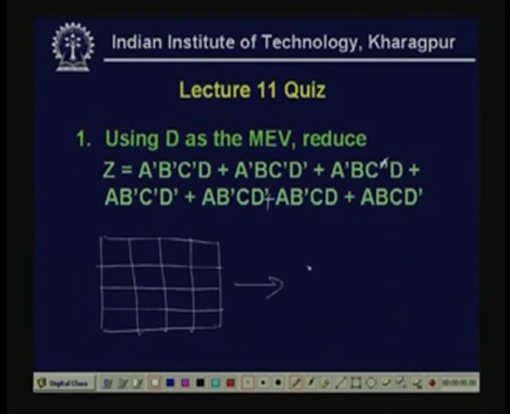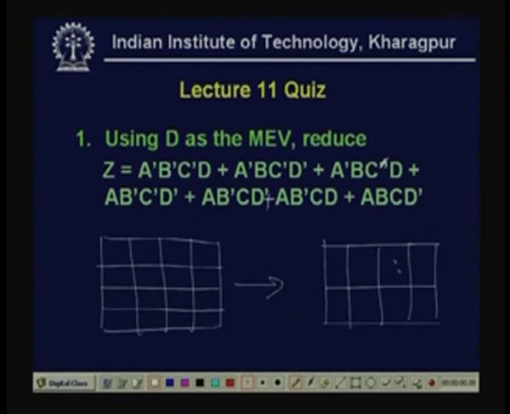Now it will be reduced to 2 by 4, and with D as the MEV, the content will be A, B, C, and the entries will be some D complement, or D plus D dash, or combinations of D, theta, D dash. So this is today's quiz problem, that we have to reduce using the MEV method. Thank you.